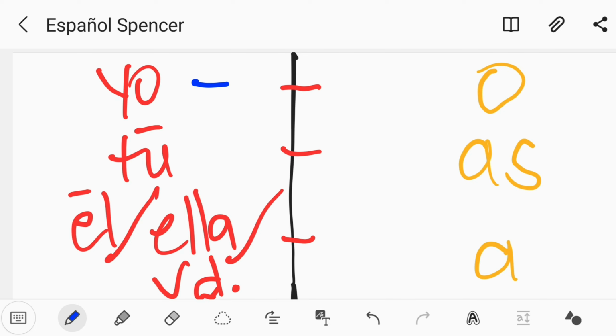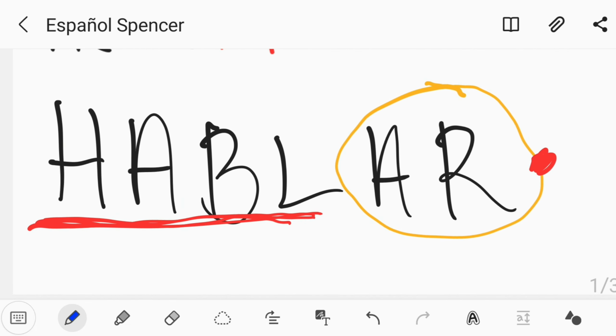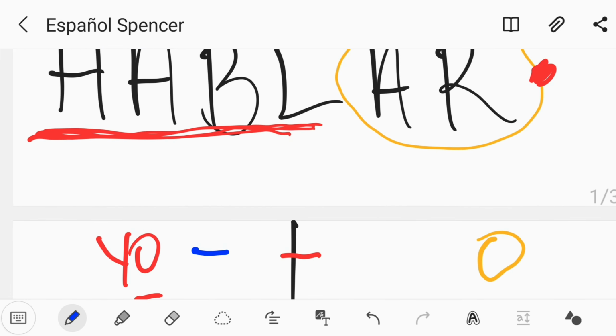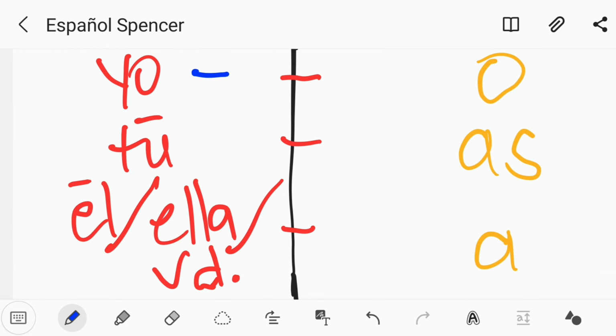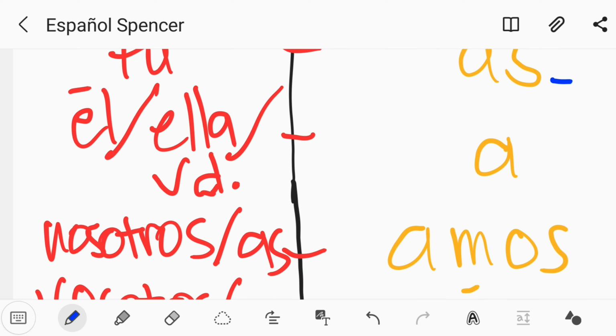It is o, yo hablo, vale? Let's take the root word and conjugate it to the first person singular, hablo. Tú hablas. You speak. And then for ella, usted, we have habla.